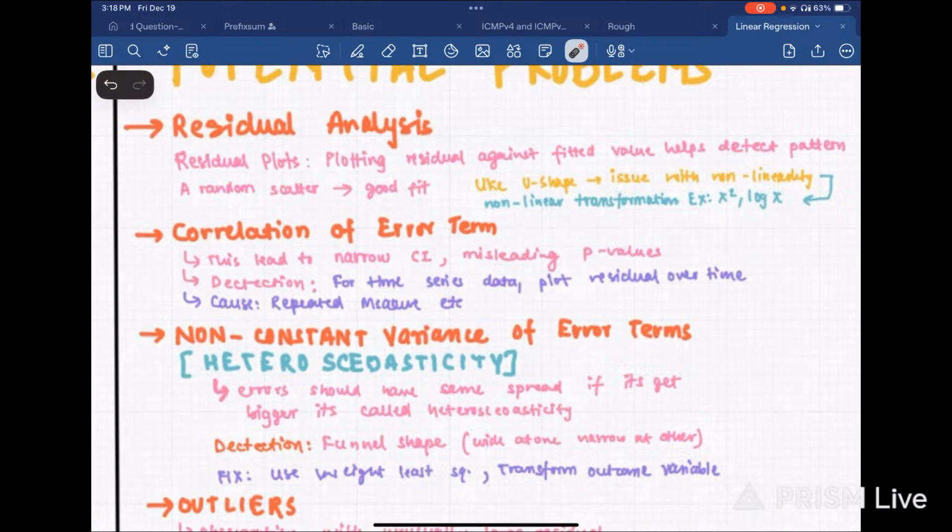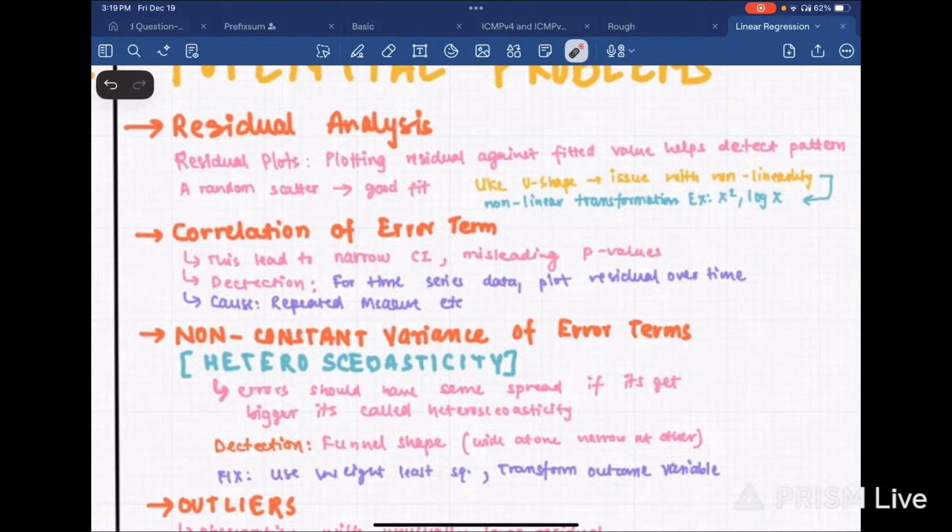You can see this in different parts of code, for example, on YouTube, if you find good videos, they do this kind of thing at the start of the data collection part: with time series data, plot the residuals over time to see if there is a correlation of error terms or not.